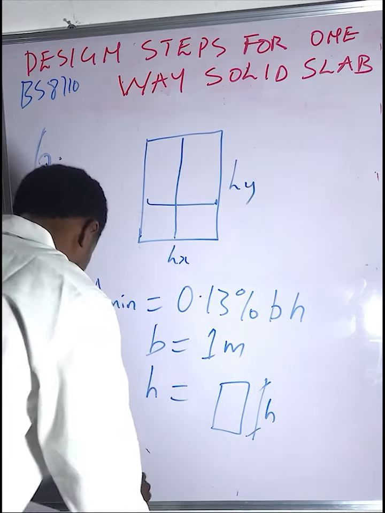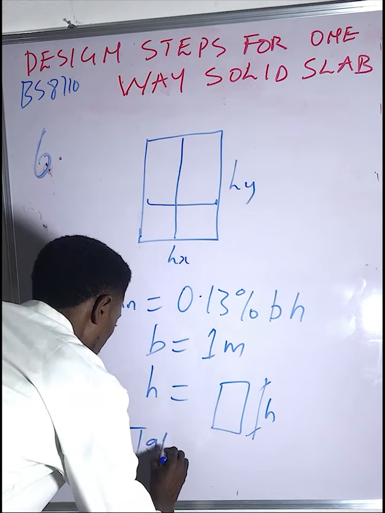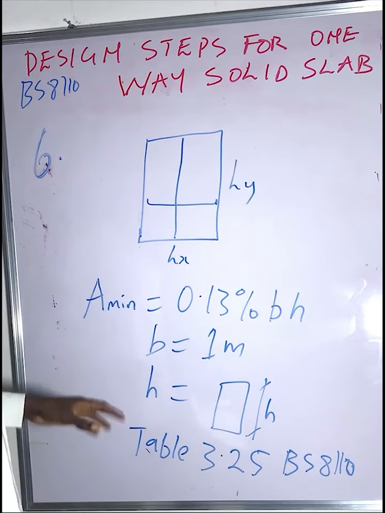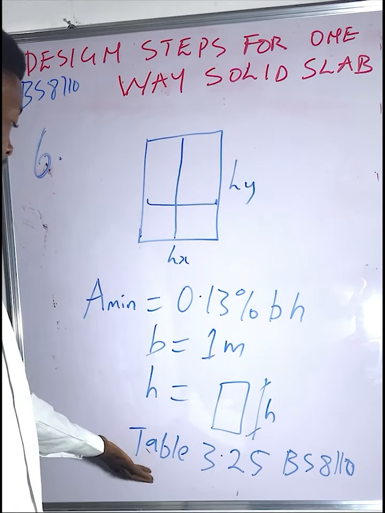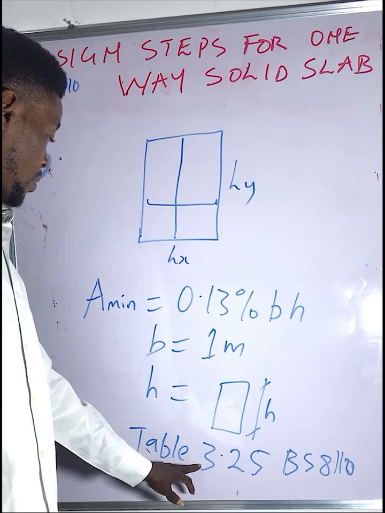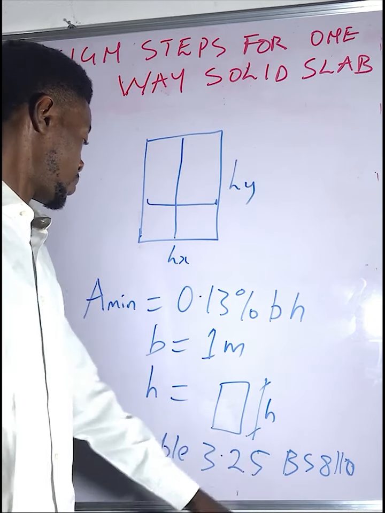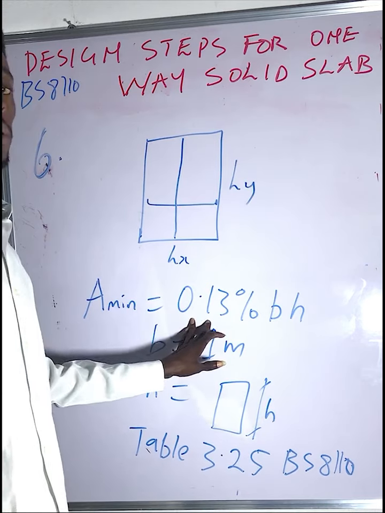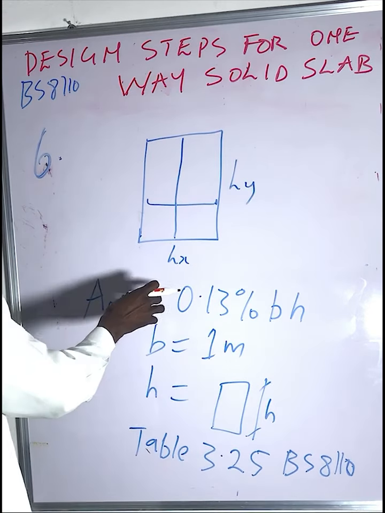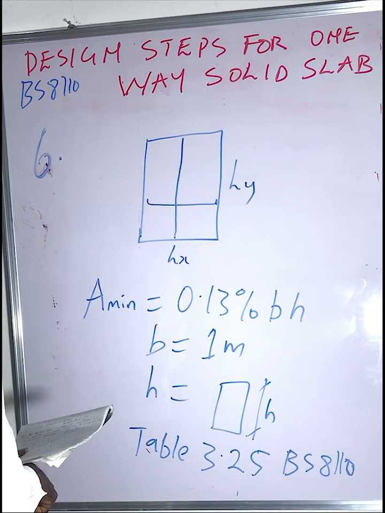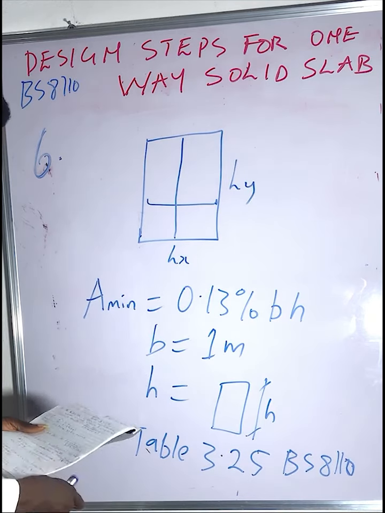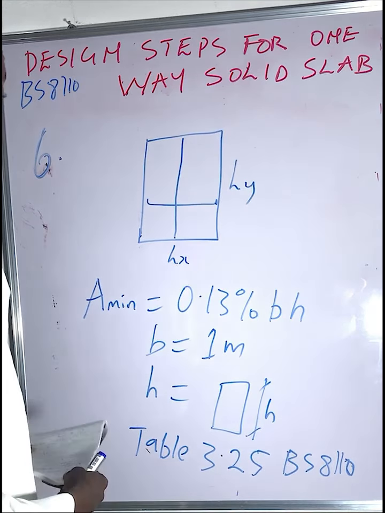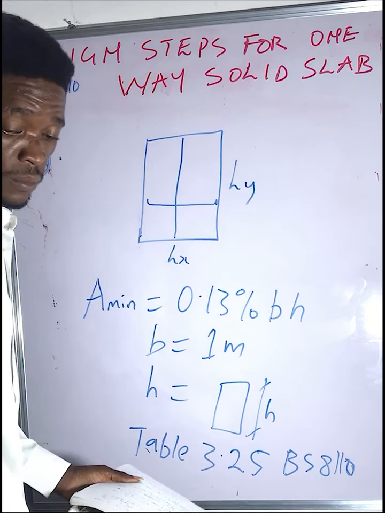Check table 3.25. From table 3.25, on BS 8110, you see your minimum reinforcement for slab. So you take this as your distribution bar area. From there you can go to a table to get your spacing.